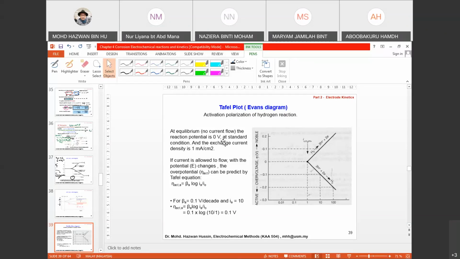So for beta A equal to 0.1 volt per decade and current density equal to 10, the eta A is as follows. You can calculate based on the Tafel slope equation that you have seen earlier: eta A is equal to beta A log IA over I naught. Over here, the exchange current density is given as 1.